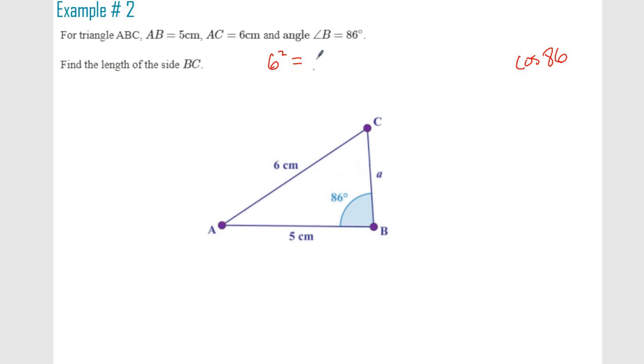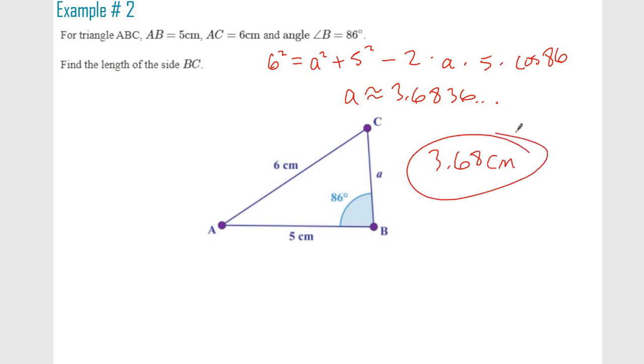Then we use the other sides for A and B: minus 2 times A times 5. Using your calculator, you can solve for A and get 3.6836, so 3 sig figs. And there you have it.